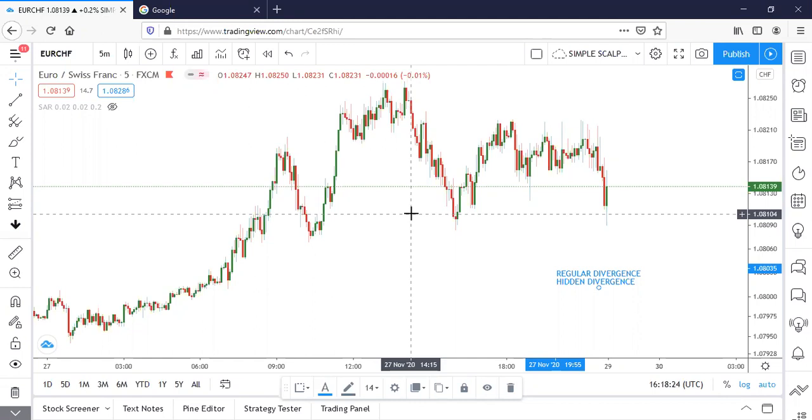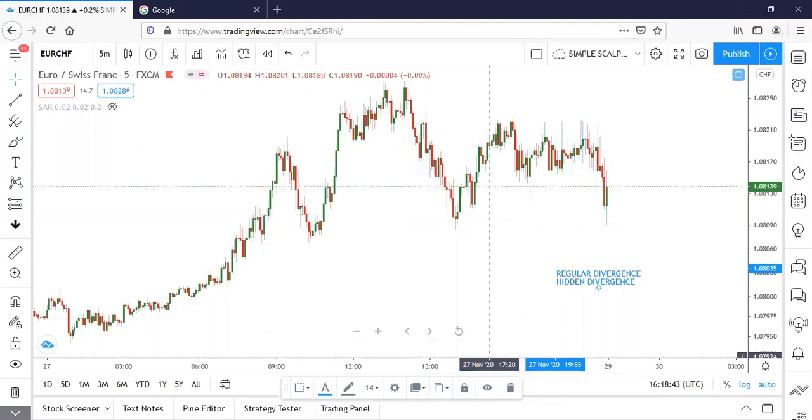Because 82% of the time, before you see market turning points, you will see a divergence appear.